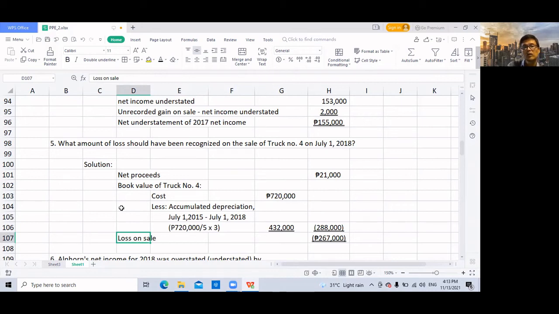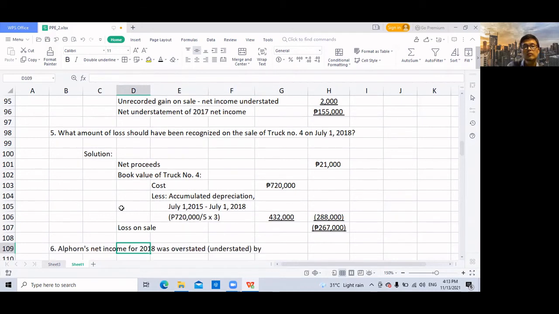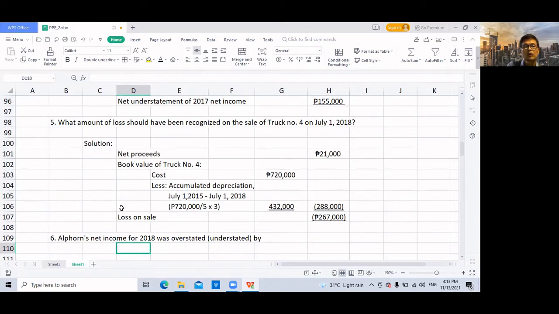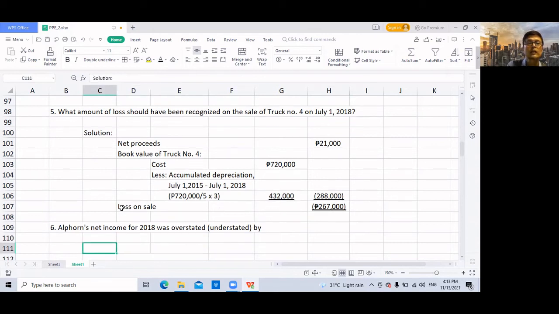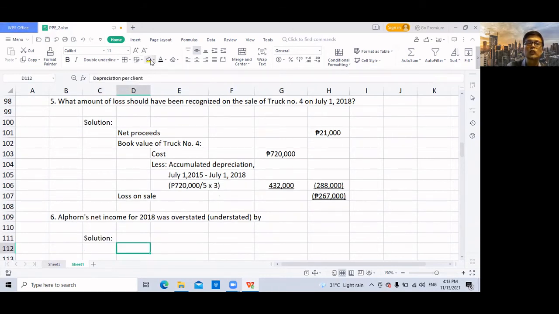Okay. So let's proceed now to Alfred's net income for 2018. Was it overstated or understated? So that is the question. So again, let's go back dun sa the solution. So depreciation per client para dun sa 2018 was 733,500.